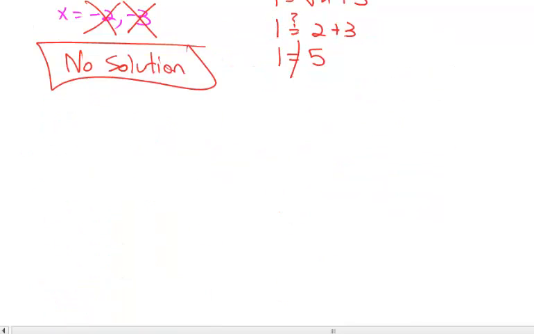Let's try one last problem to really get our brain thinking about how to work with these radicals. We're going to solve the square root of 4y plus 1 minus the square root of y minus 2 equals 3. Similar to the last problems we solved, we need to get one radical alone before we square both sides.